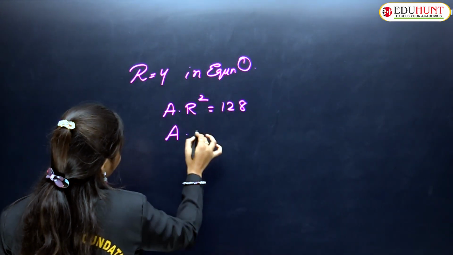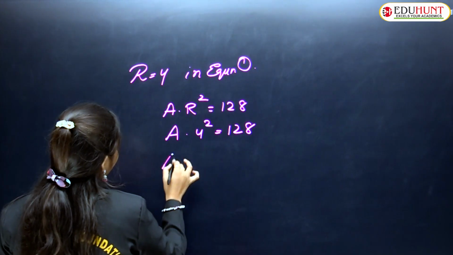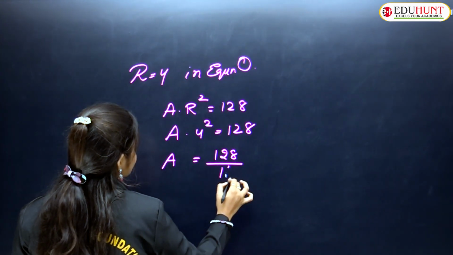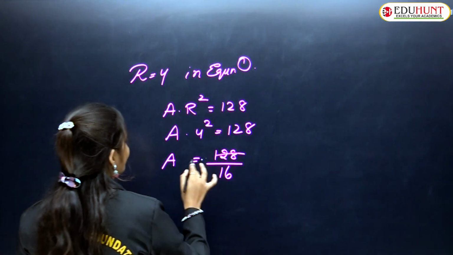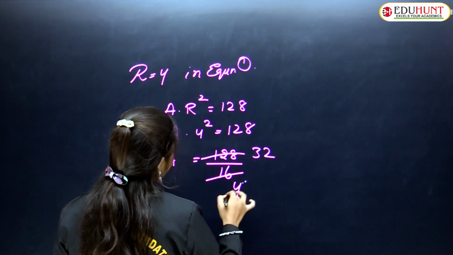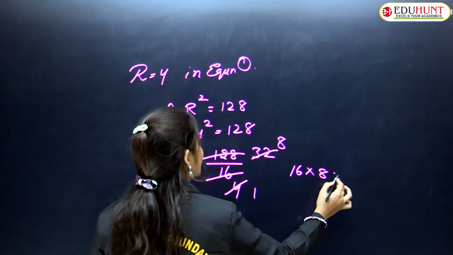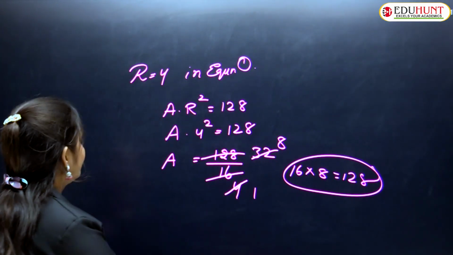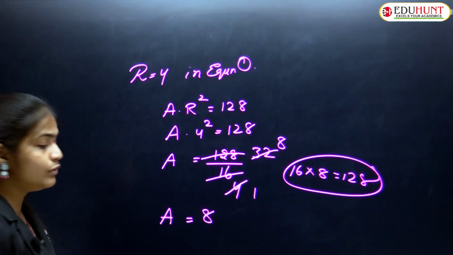So A into 4 square is equal to 128. So A is equal to 128 by 16, since 4 4s are 16. Or directly, 16 into 8 is equal to 128. You can follow this also. So A is equal to 8.